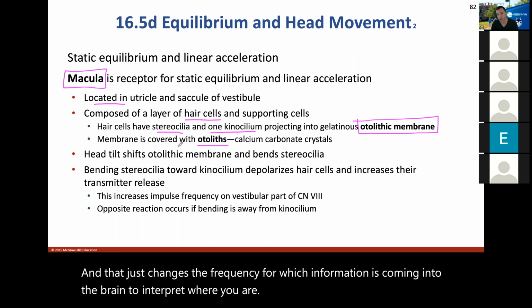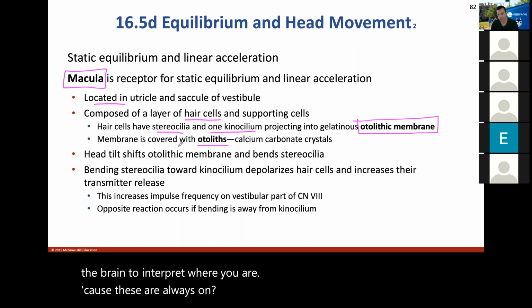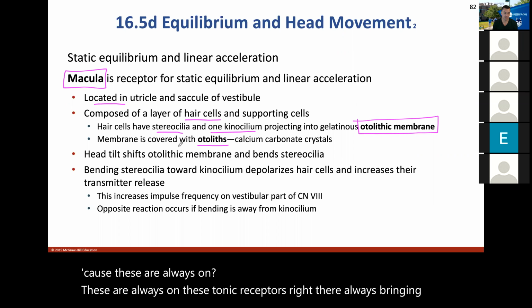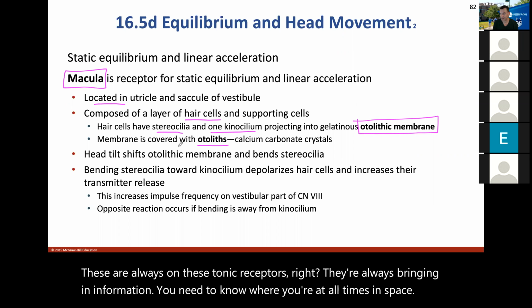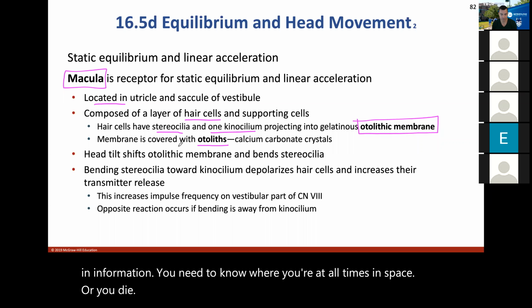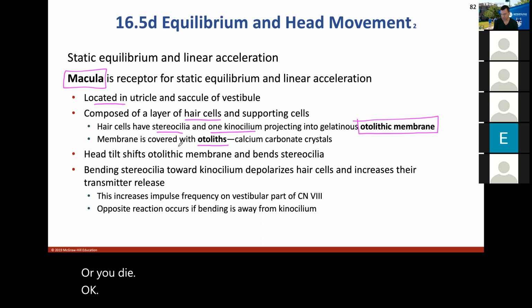Because these are always on. These are tonic receptors, right? They're always bringing in information. You need to know where you're at all times in space, or you die. Okay? So you need to know where you are in space, and these are always bringing in information.